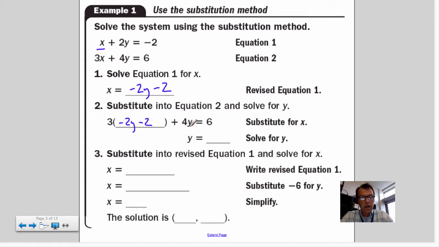And now we're excited, right? Algebraically, I have one equation, one variable, the y variable, and I can solve for it. So you'd have to distribute the 3, combine like terms, and finally solve for y. Looking at my notes, y is equal to negative 6.